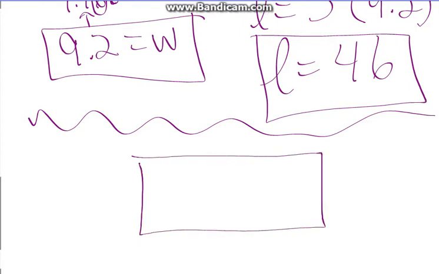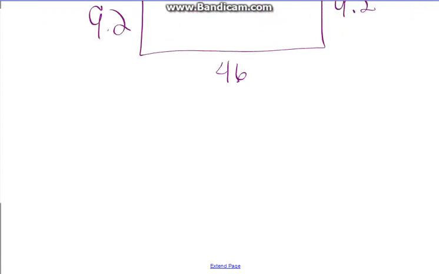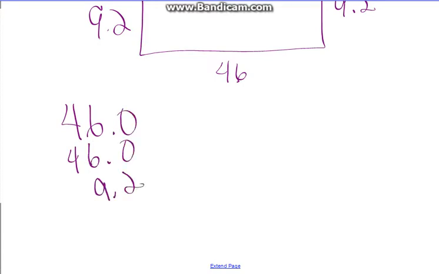When you actually do the math with what perimeter is, we're saying the length is 46 and the width is 9.2. So when we add these, we're going to have 46 plus 46, plus 9.2 plus 9.2.